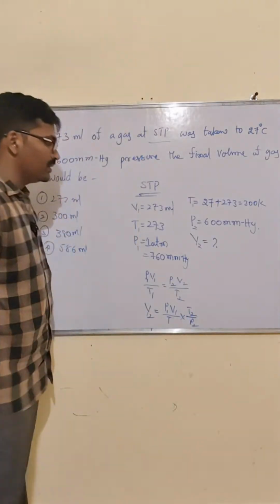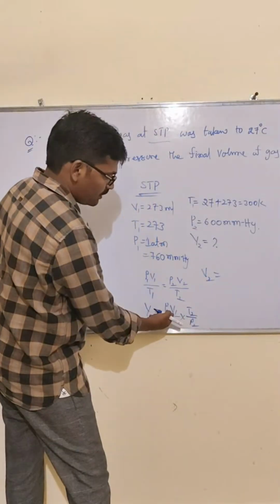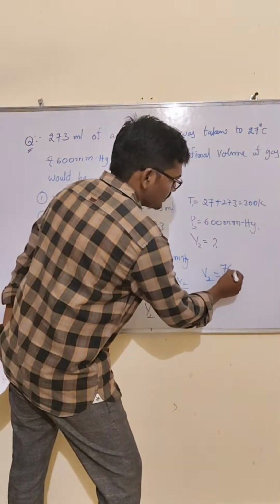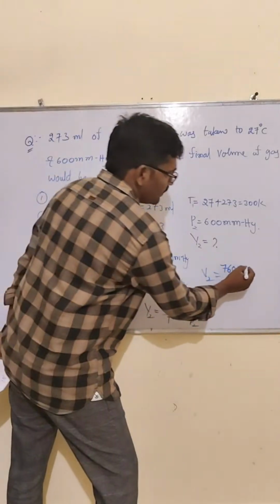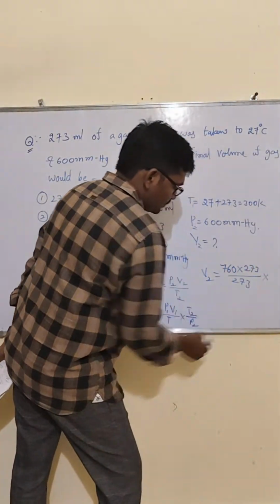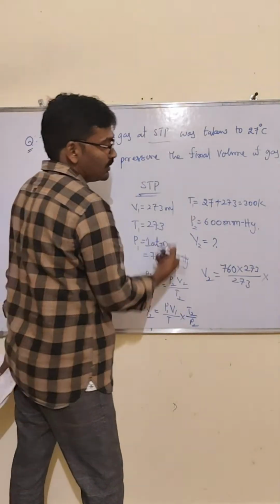So V2 equals P1, 760, into V1, 273, divided by T1, 273, into T2 divided by P2. So T2 will be, what will be there?